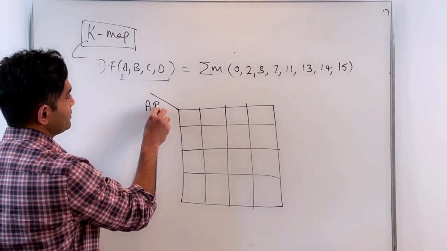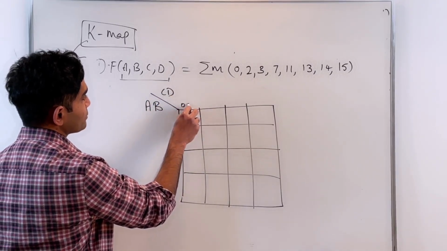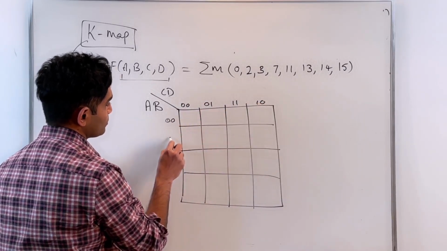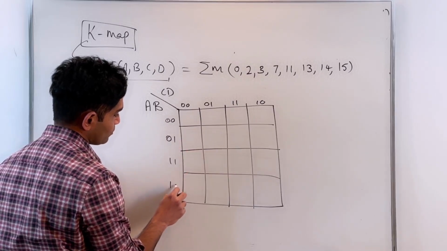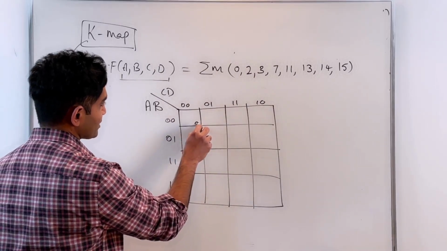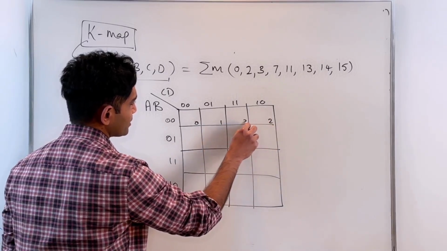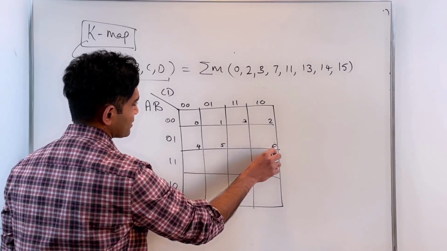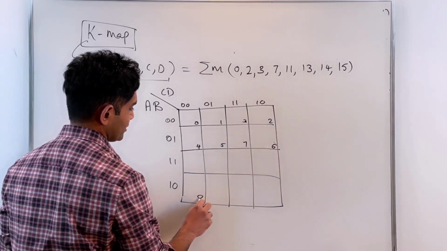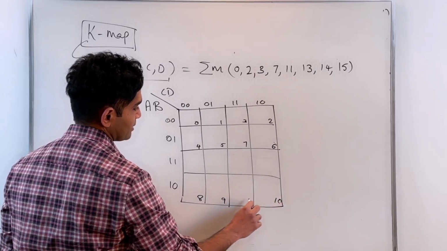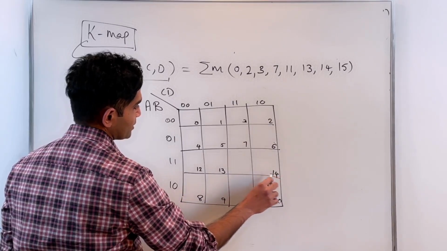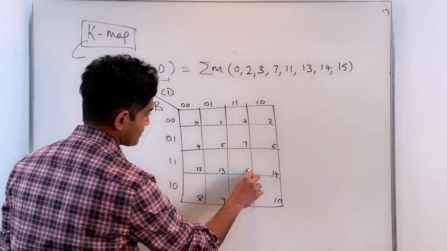So I have A, B, C, and D. 0, 0, 0, 1, 1, 1, 1, 0, 0, 0, 0, 1, 1, 1, 1, 0. Again, that's 0, 1, 2, 3, 4, 5, 6, 7, 8, 9, 10, 11, 12, 13, 14, and 15.